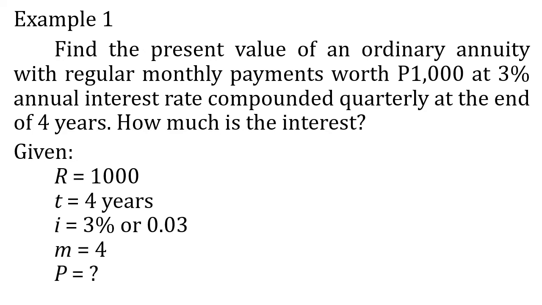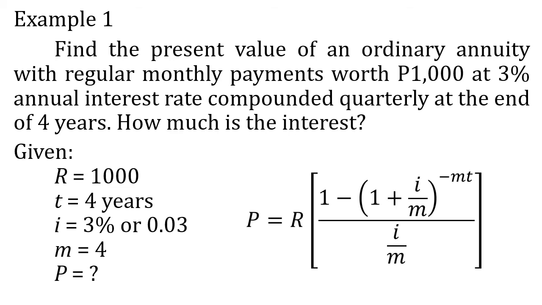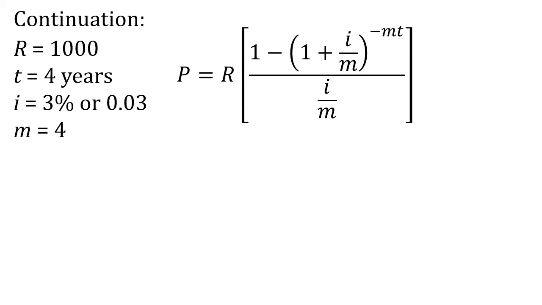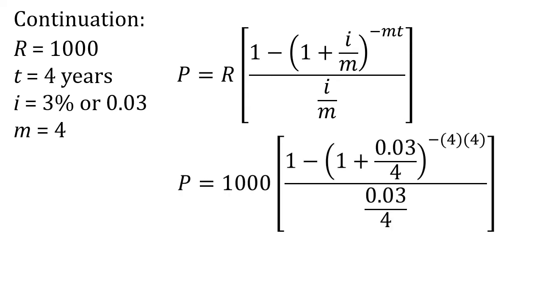Here we will be solving for the present value of an ordinary annuity, so we are going to use this formula: P equals R times 1 minus 1 plus I over M raised to negative MT all over I over M. Just substitute the values of R, T, I, and M. You're going to have P equals 1,000 times 1 minus 1 plus 0.03 over 4 raised to negative 4 times 4 all over 0.03 over 4.